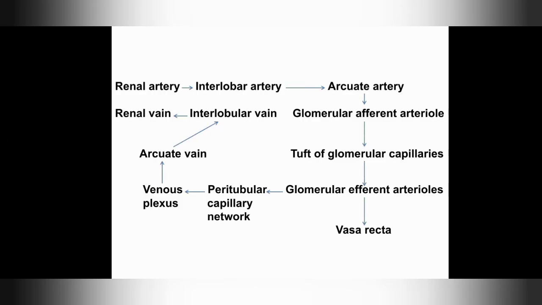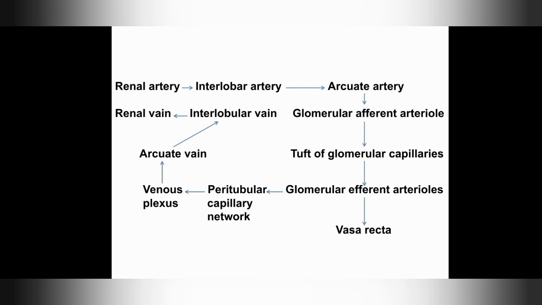Just look at the figure. So this is our renal circulation. Okay, nothing is peculiar there. What peculiarity is there? I'm going to show you. Just read it once again. Renal artery, interlobar artery, arcuate artery. Now glomerular afferent arteriole, then that filtrating unit glomerulus, then the glomerular efferent arteriole.